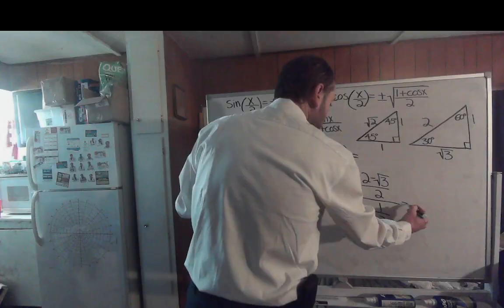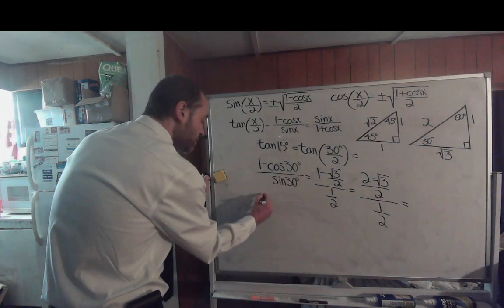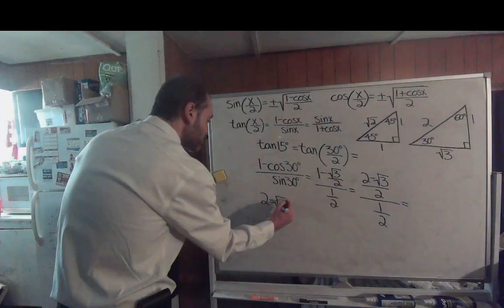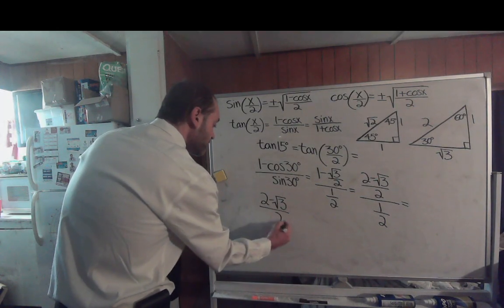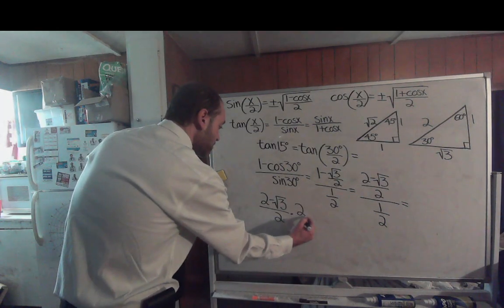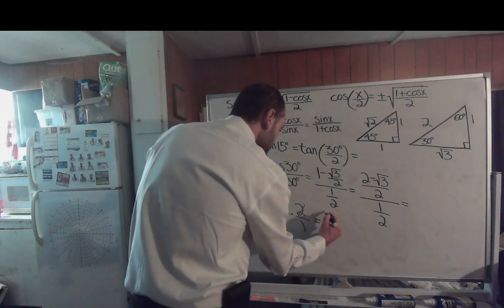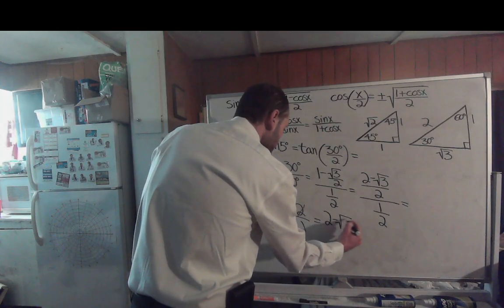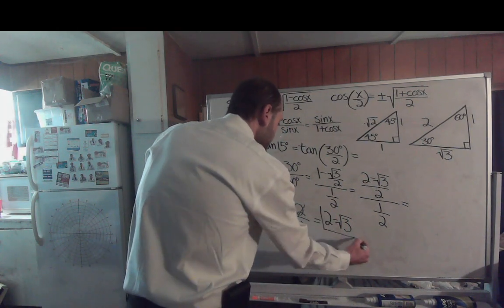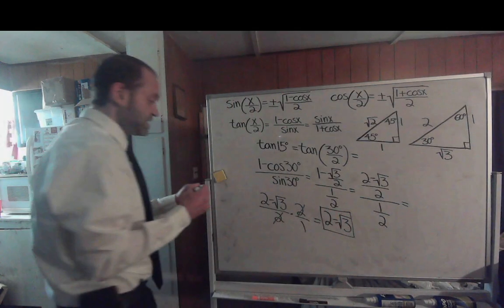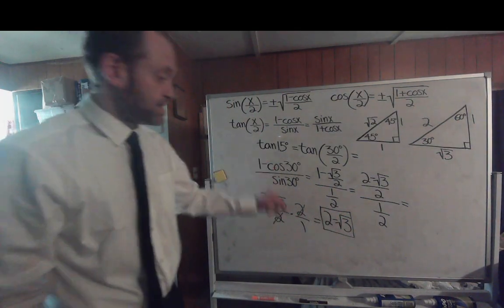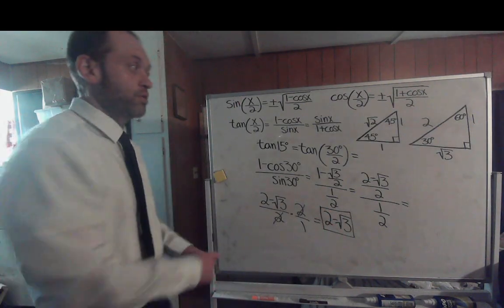We have a complex fraction, so invert and multiply. You'll get 2 minus the square root of 3 over 2 times 2 over 1, which would just simplify into 2 minus the square root of 3. So the tangent of 15 degrees is exactly 2 minus the square root of 3.